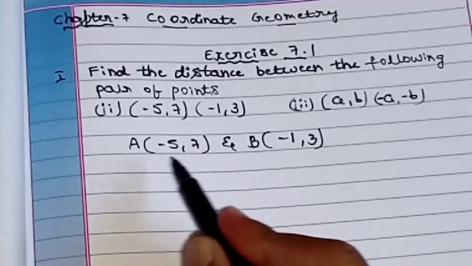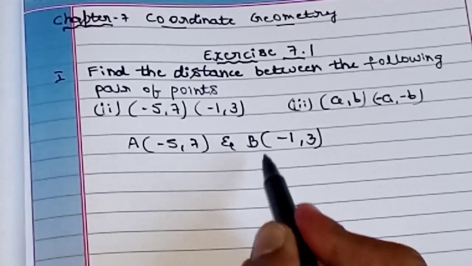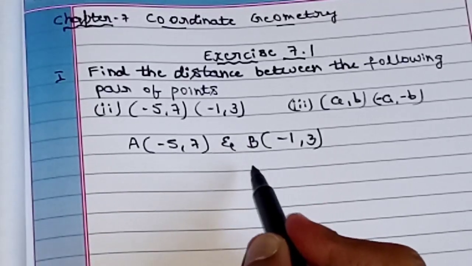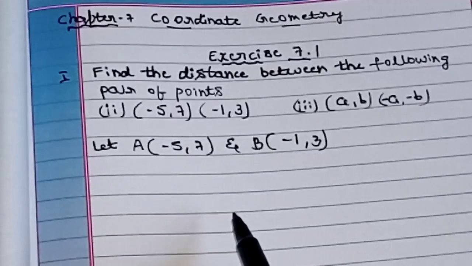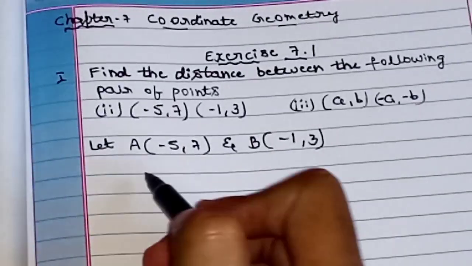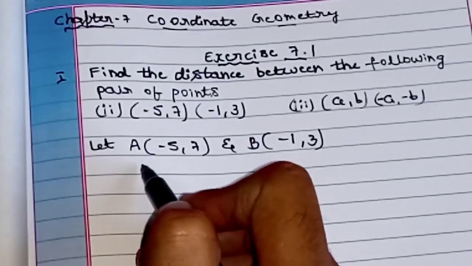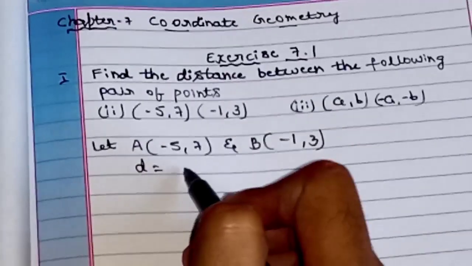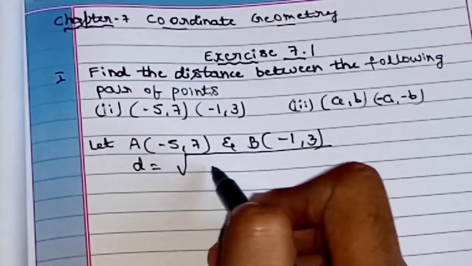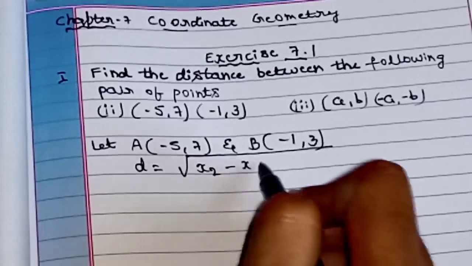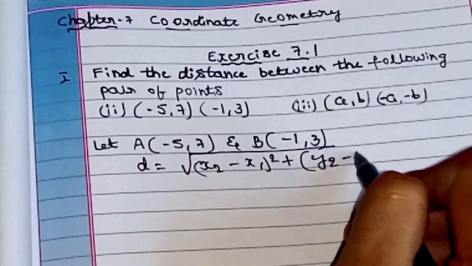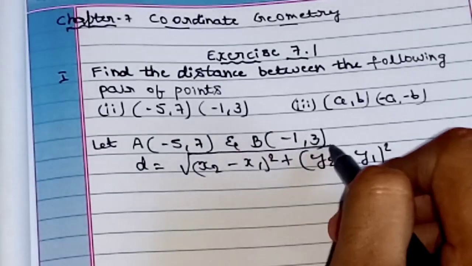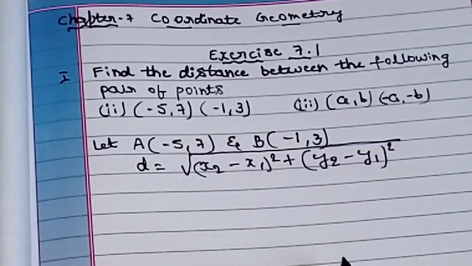We need to find the distance between these two points A and B. Now what is the distance formula? That you have already learned. The distance formula is d equals square root of x2 minus x1 whole square plus y2 minus y1 whole square, right, children?